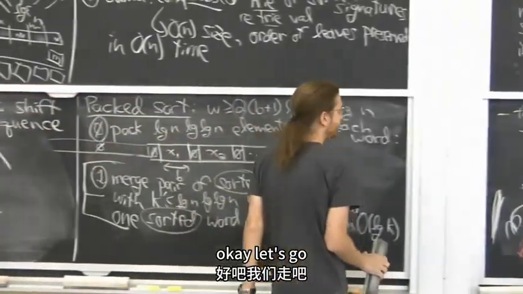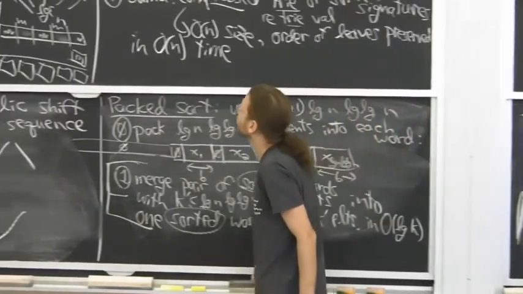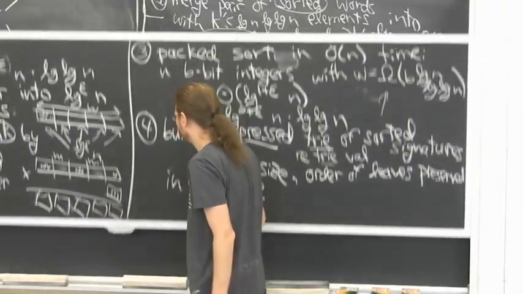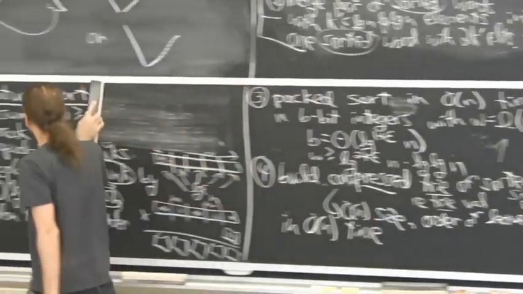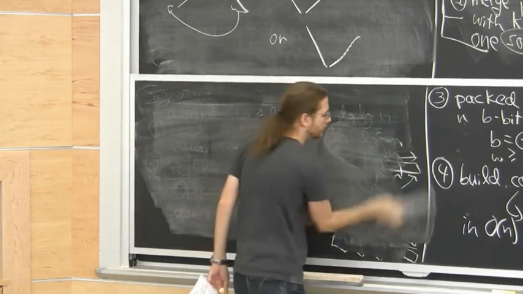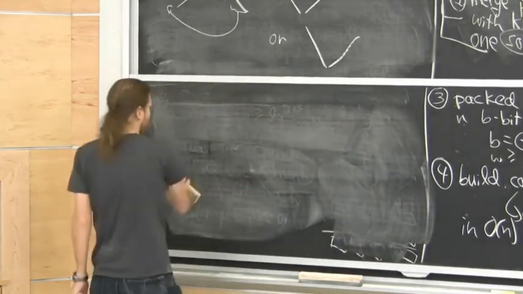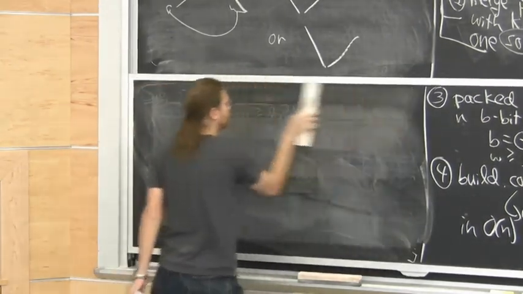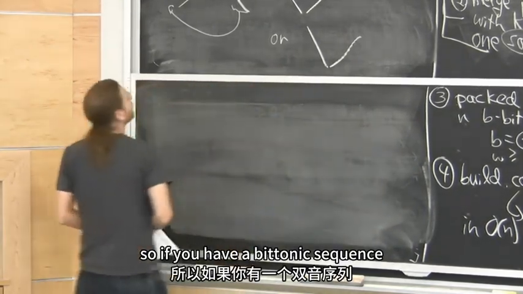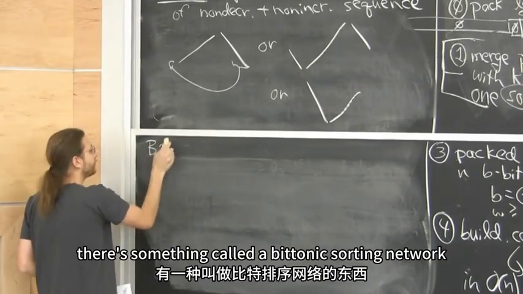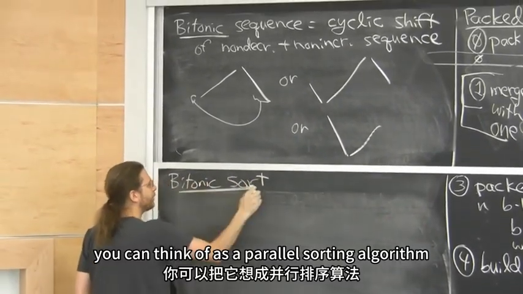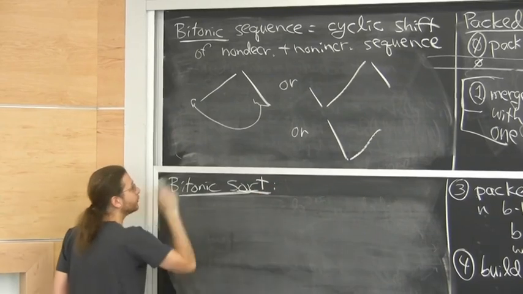OK, let's go over here. So if you have a bitonic sequence, there's something called a bitonic sorting network, which you can think of as a parallel sorting algorithm to sort such a thing.